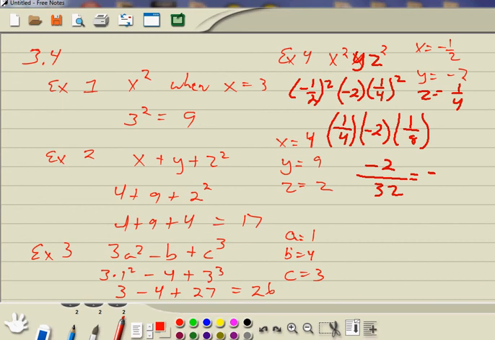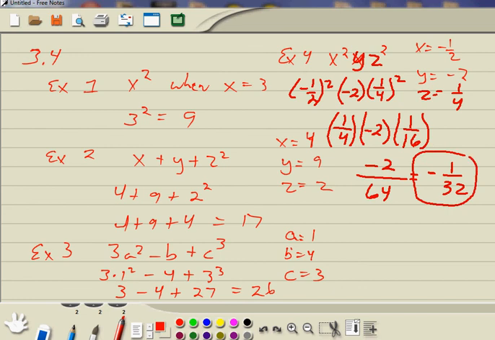Oops, did I do my math wrong? I did. It's 1/16 here, not 1/8. Let me erase that. 1/4 times 1/4 is 1/16, and I have 64 on the bottom, and that reduces to a negative 1/32.